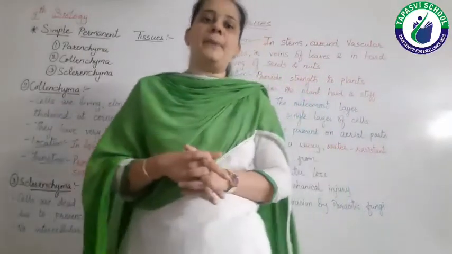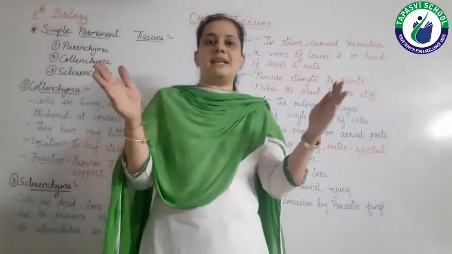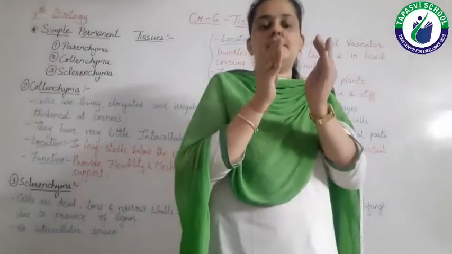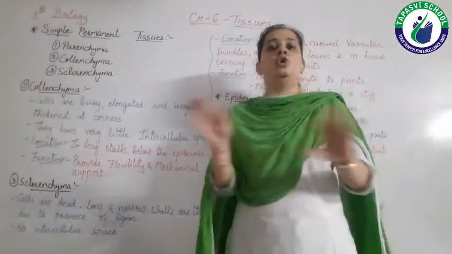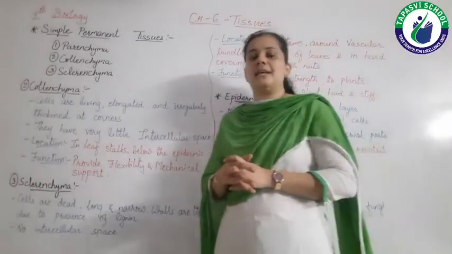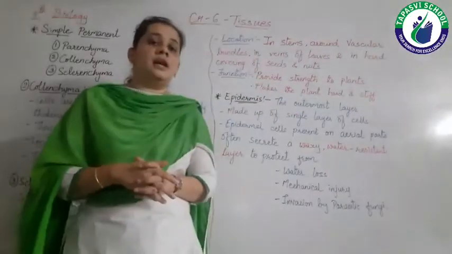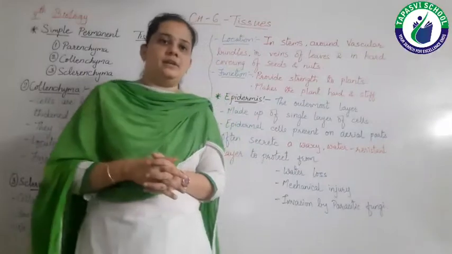So if we compare, then in parenchyma very large intercellular space, in collenchyma very little intercellular space, and in sclerenchyma no intercellular space. Means we can say the cells of this tissue are very tightly packed.